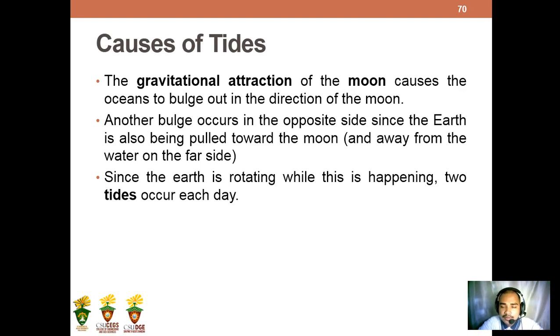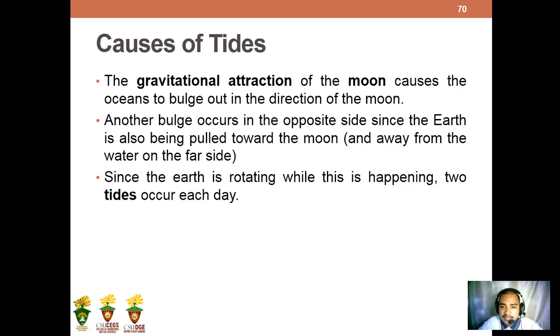These gravitational forces between the moon and the earth matter because the moon is closer than the sun. Though there is a gravitational attraction holding the sun and the earth, the higher gravitational force really comes from the moon, since it is closer.